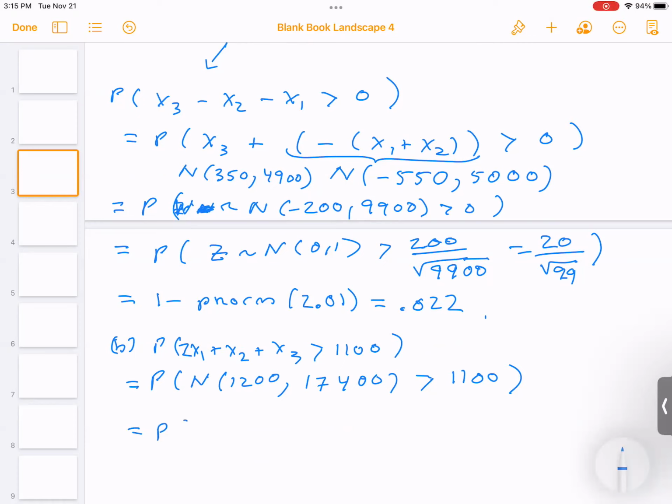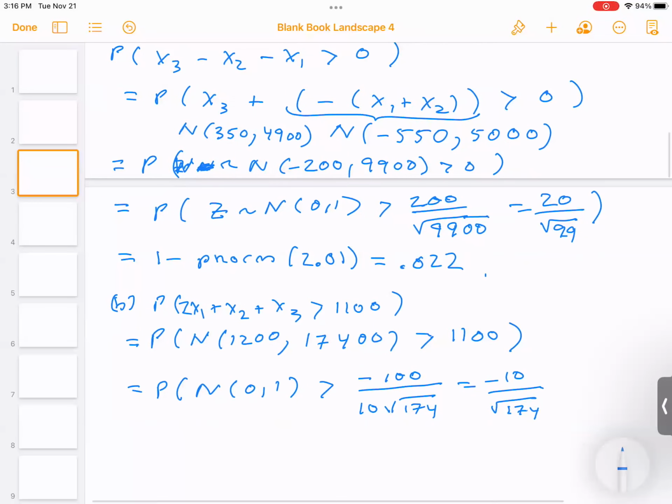So that's the probability standard normal 0, 1 is greater than minus 100 over the square root of this. So 10 root 174 minus 10 over root 174. That's about 13, right? Or 14. It's between 13 and 14.